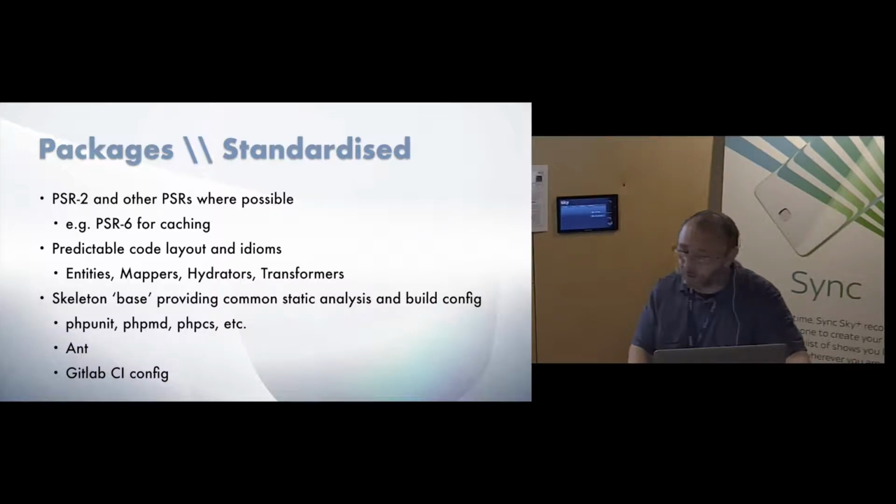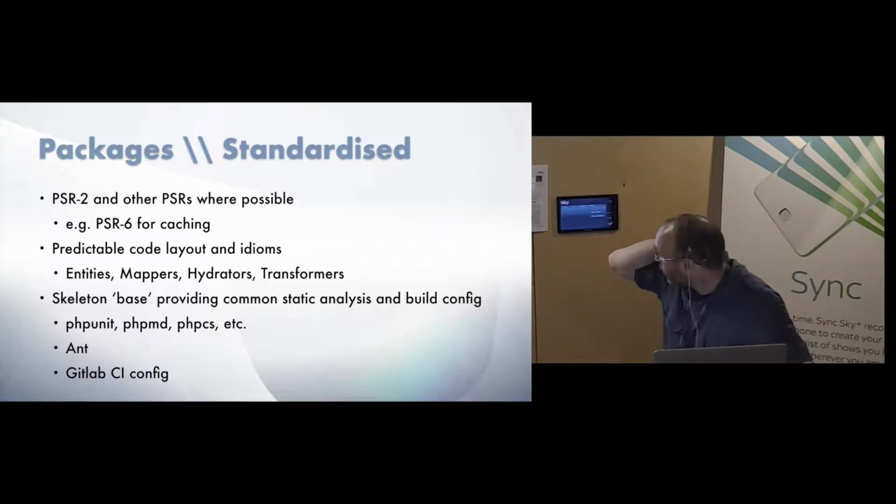So another thing we needed was some kind of common base that we could build off. We wanted mess detector, code sniffer, copy and paste detector, PHP unit, all the stuff that you'd expect to see in a well-maintained modern library. We also have a shared Ant script, which you can run to get all your static analysis.